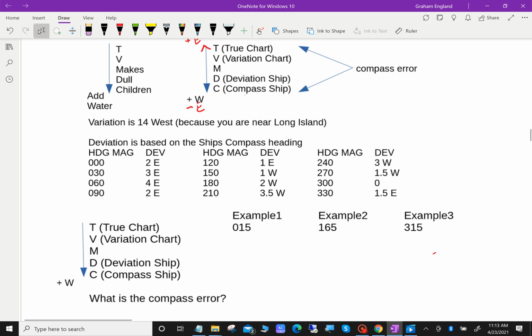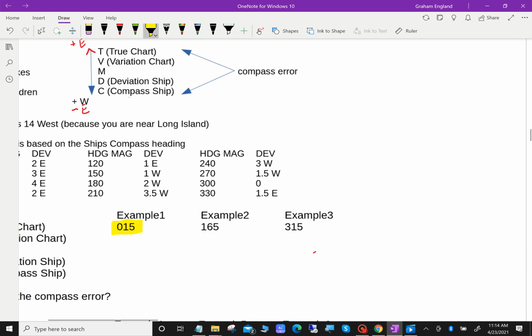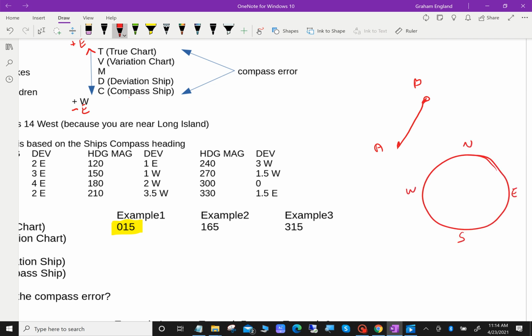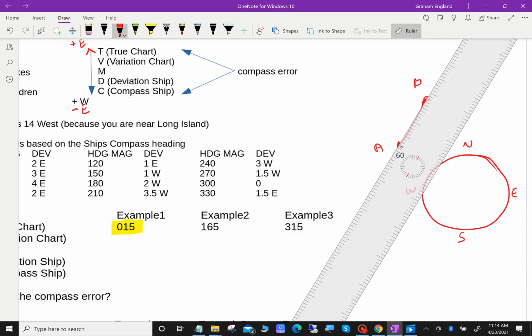So what's the first problem that they're going to give us? They're going to say that on your chart, you're going 15 degrees. Now, maybe they don't give you the 15 degrees. Maybe instead, they give you point A, point B, and you've got your compass rose on your chart. And you take your ruler, you draw a line between those two.